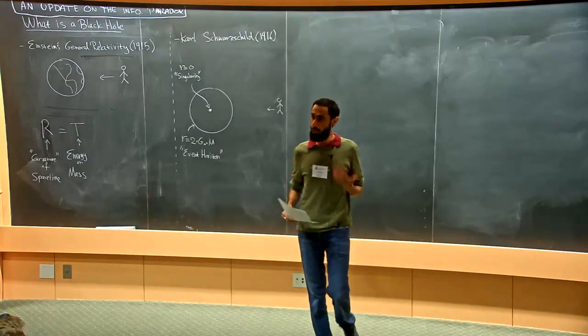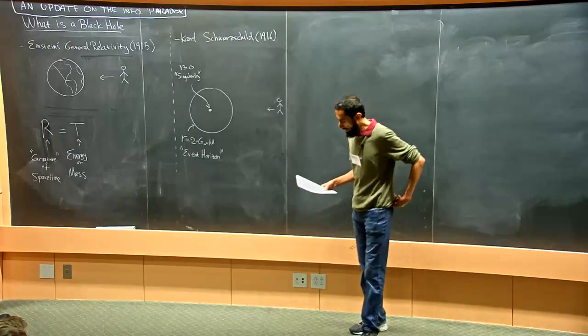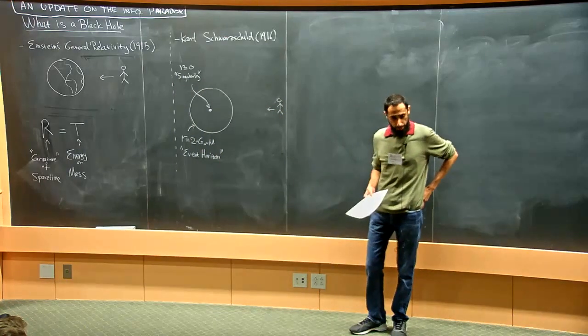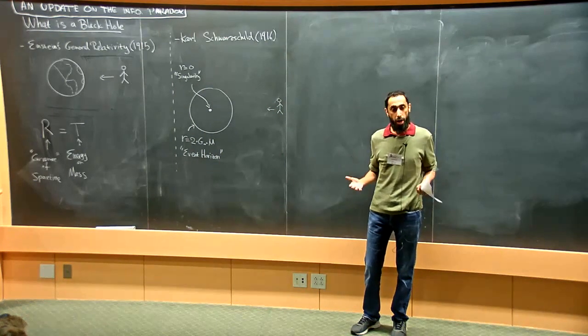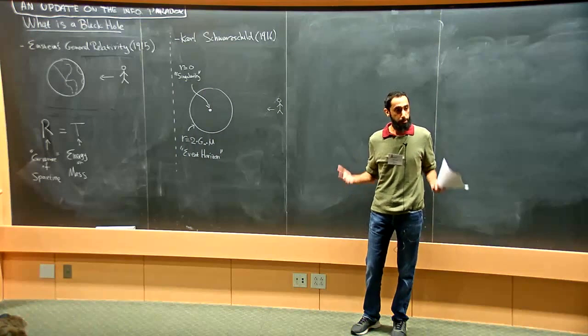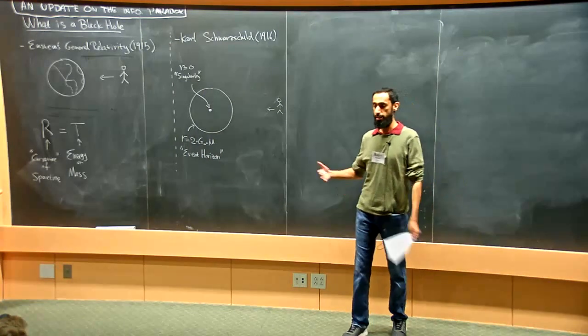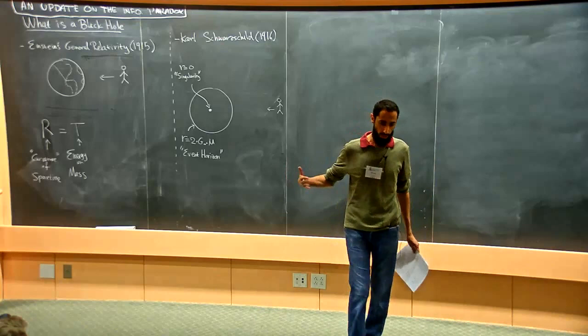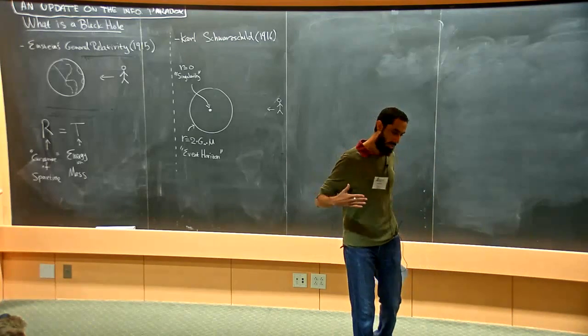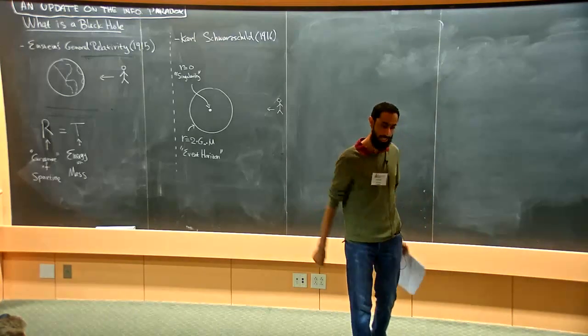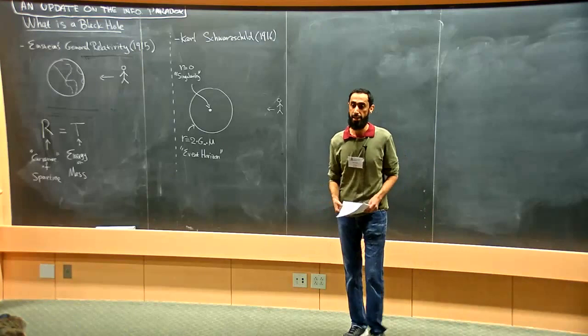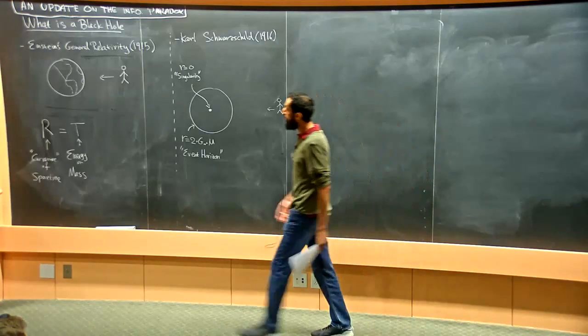It's not a force in the usual sense. What actually happens is that massive objects bend space so that your motion takes you towards that massive object, and therefore it seems like there's a force.